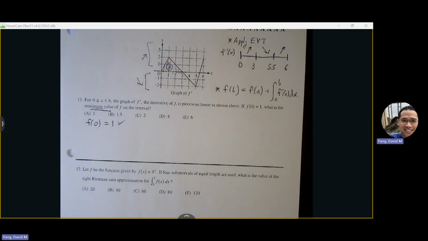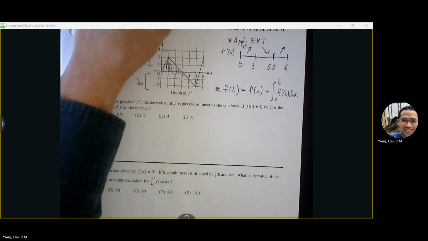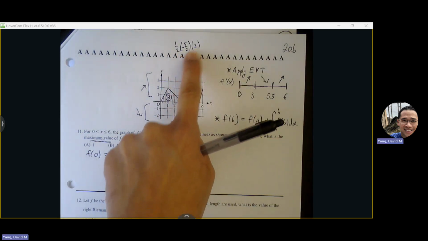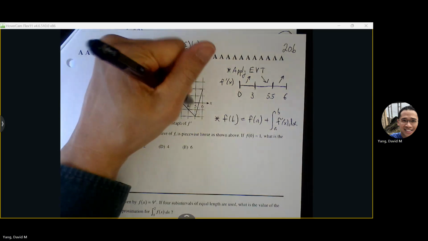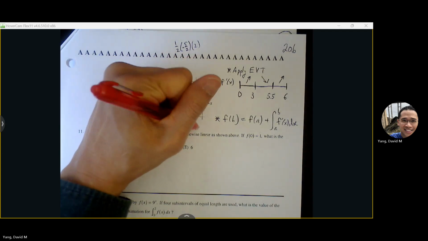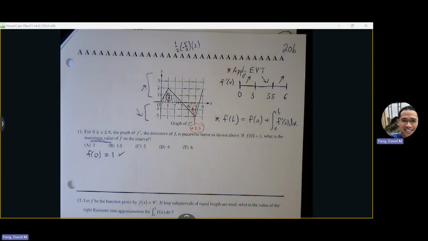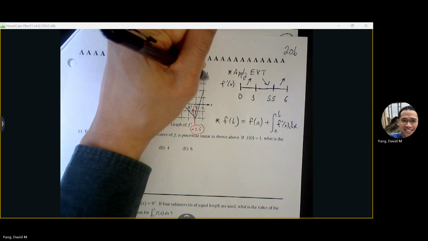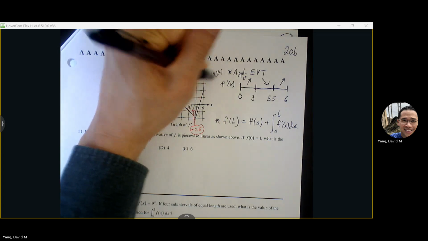So 1/2 times 2.5 times 2. Notice it's below the x-axis, so it should be negative here. So I'm going to get negative 2.5. And then here, 1/2 base times height, 1/2 times 1 times 2. That's just going to be 1/2.